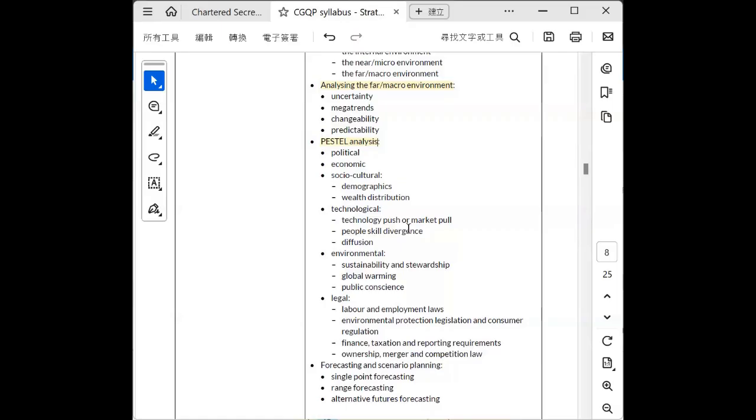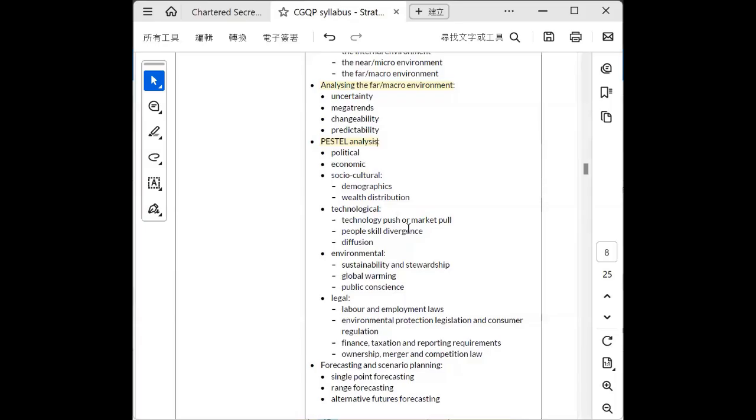Ecological and environmental factors include sustainability concerns, global warming, and public conscience about ecological responsibility. So these drive demand for green products and ethical business practices. So whenever you see something in the question that talks about green or sustainability, then invariably you may need to consider the ethical practices.